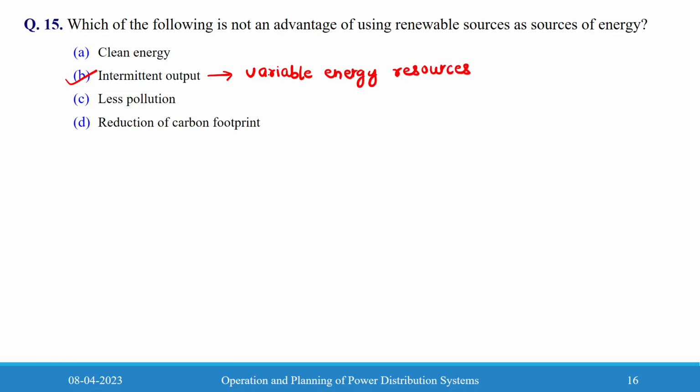These renewable sources are also called non-dispatchable sources of energy, meaning operators cannot control the power coming from these sources.